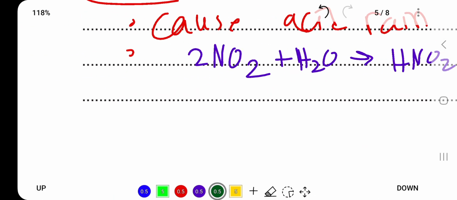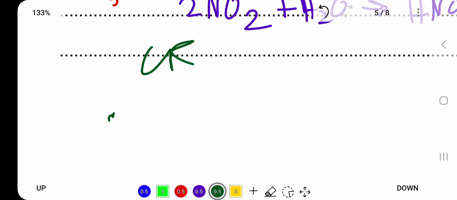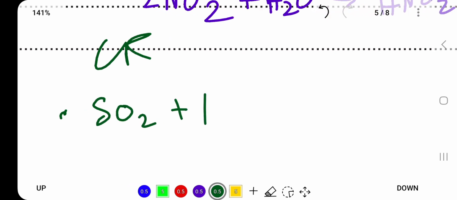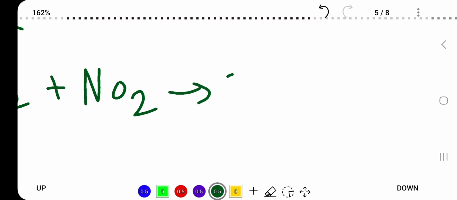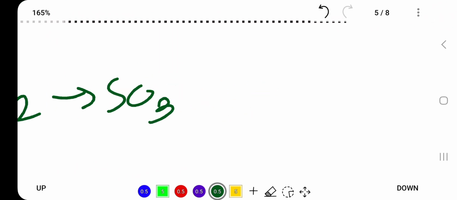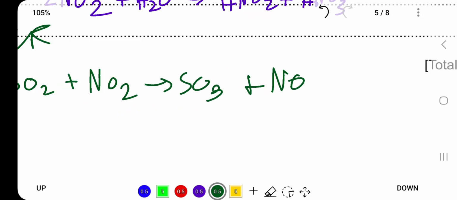Now, other than this, you can say the other one, which is the one that I prefer the most: sulfur dioxide plus nitrogen dioxide will form sulfur trioxide plus NO. Alright?